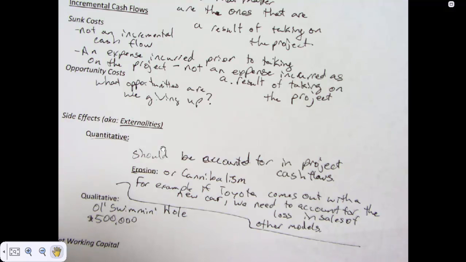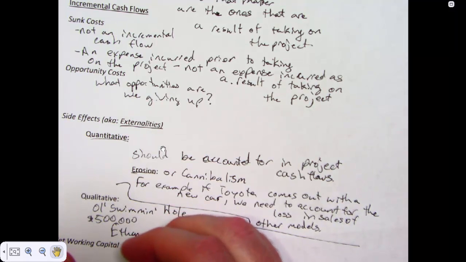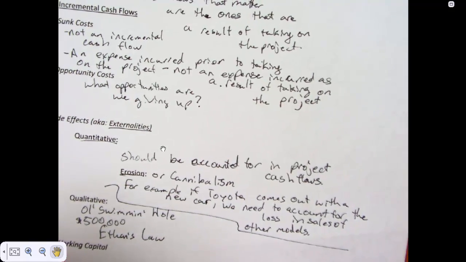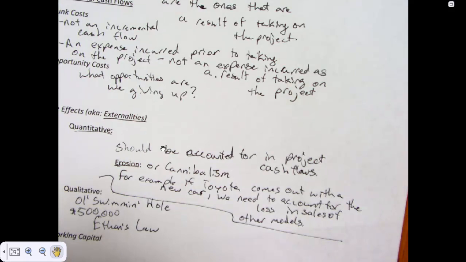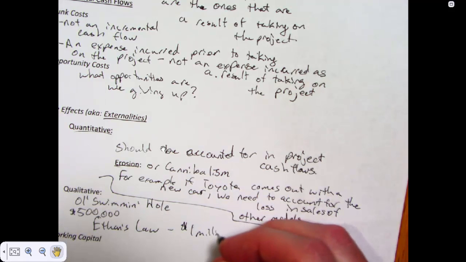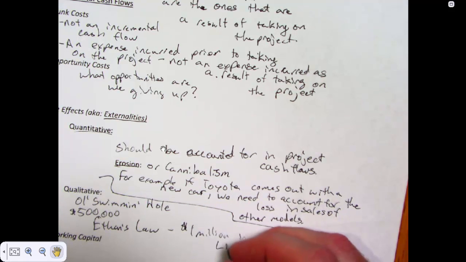As a result, the state of Missouri passed Ethan's Law that required that every private swimming pool that was a business, that charged people to come in, had to have a minimum of $1 million in liability insurance.